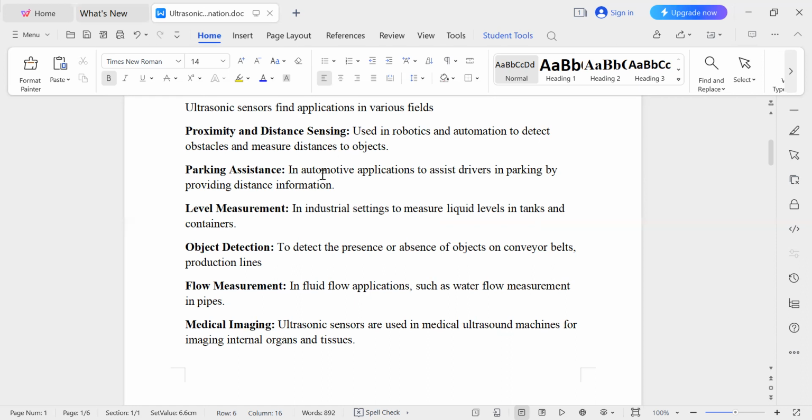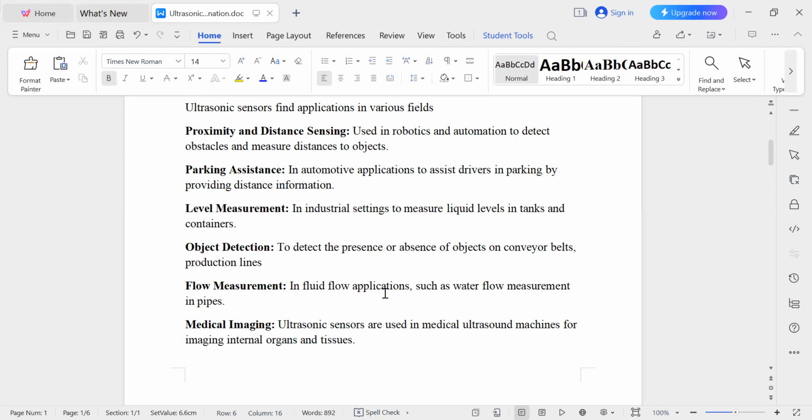They are used in automotive applications to assist drivers in parking by providing distance information. They are used in industrial settings to measure liquid levels in tanks or containers. And they are used to detect the presence or absence of objects on a conveyor belt.